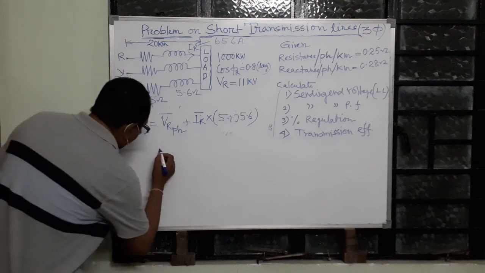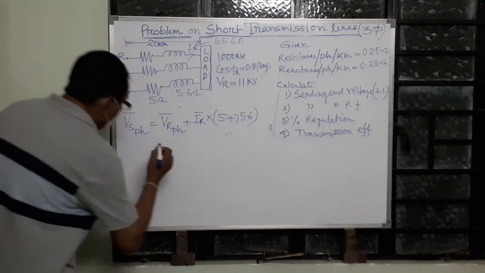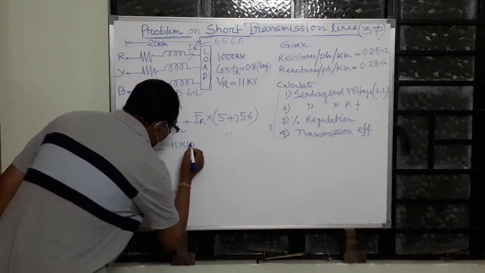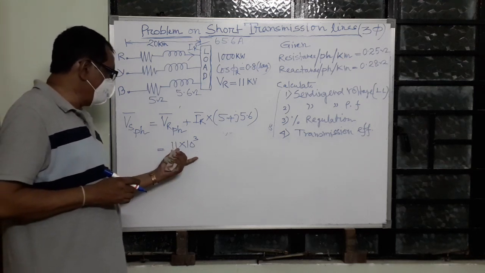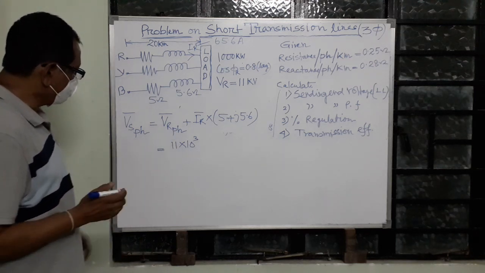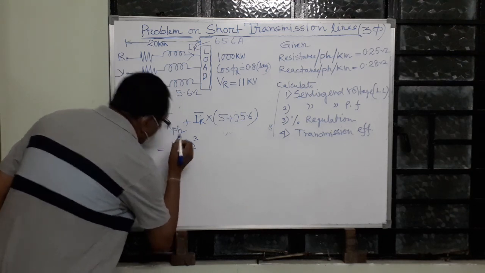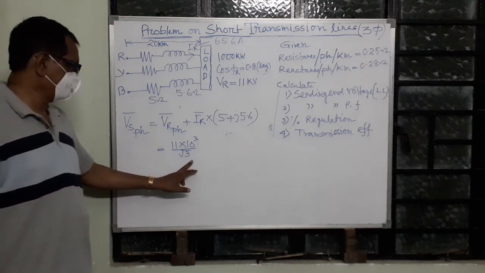So this voltage we can write here 11 into 10 to the power 3 volt, and for the per phase system we divide by root 3. This is the receiving end per phase voltage.